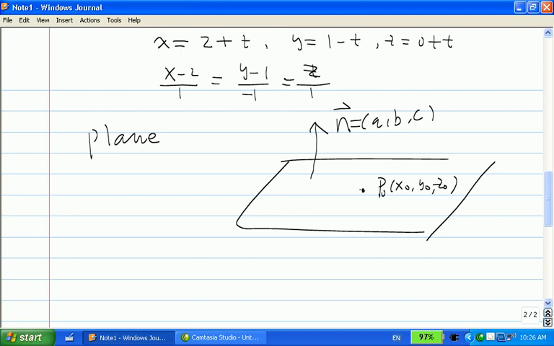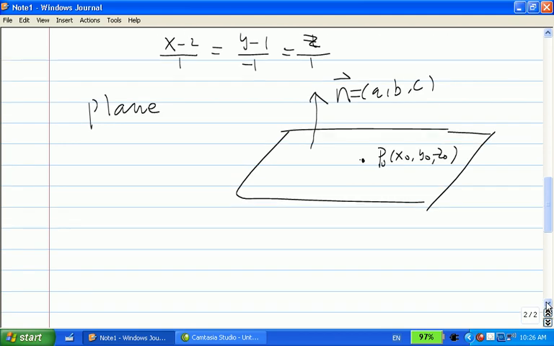One is a point your plane contains. The other is a vector your plane is perpendicular to, which means a normal vector. So how many planes can contain the point P0 and at the same time be perpendicular to the given vector n? Obviously only one such plane. So the plane is uniquely determined.